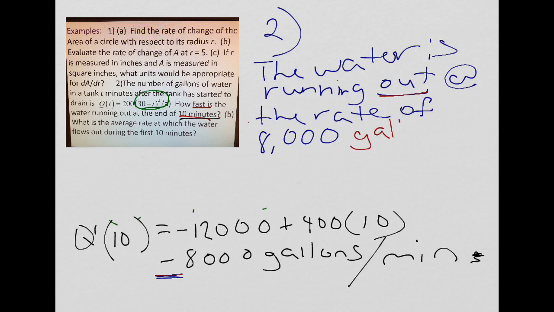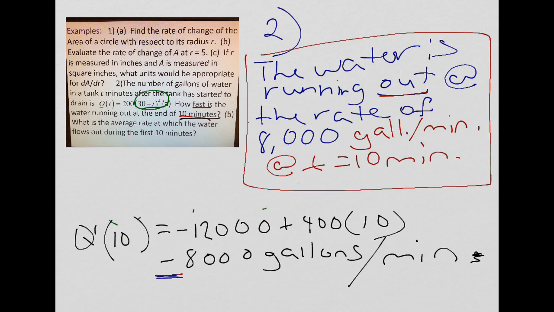It was in gallons per minute, I'm abbreviating here, at t is equal to 10 minutes. Okay, it's important to have the units and to have at what particular value. Okay, so we're kind of answering that full question here. And we're up to part B.